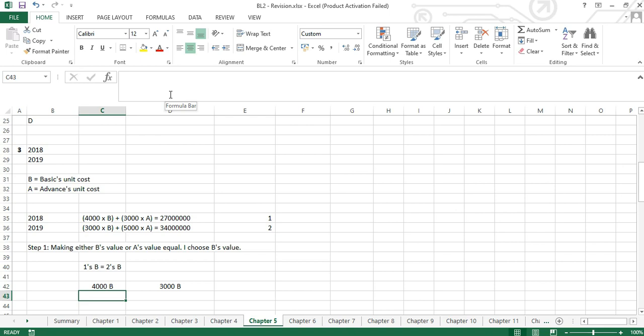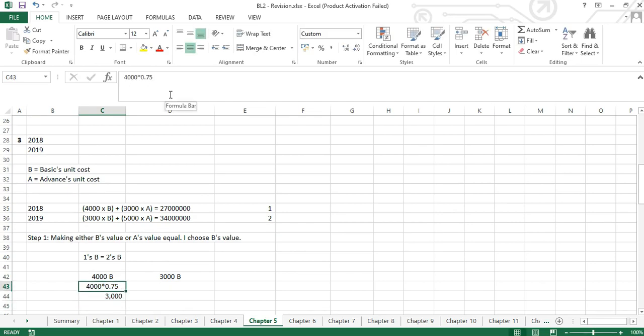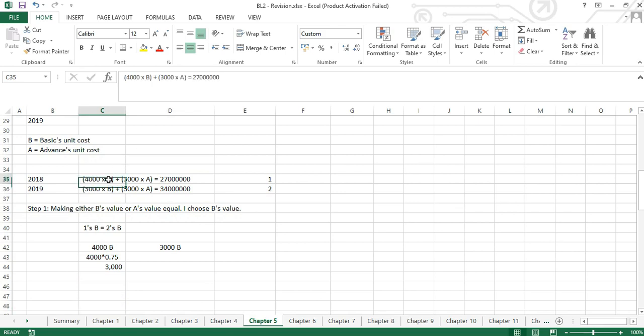It's actually 1 divided by 3. So 4000 divided by 3, basically 4000 multiplied by 0.75 will give me 3000. If that's the case, I have to multiply 0.75 to the entire first equation.